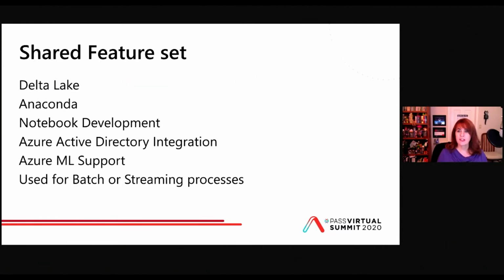So both of them have a shared feature set. They both use Apache open source Spark, sort of. In addition to supporting everything that Apache open source supports, Databricks has added some additional features. But of the features that are most utilized or most talked about with Spark, the first one is Delta Lake.